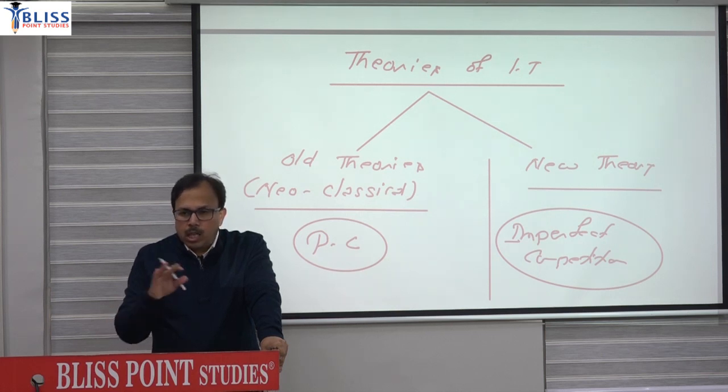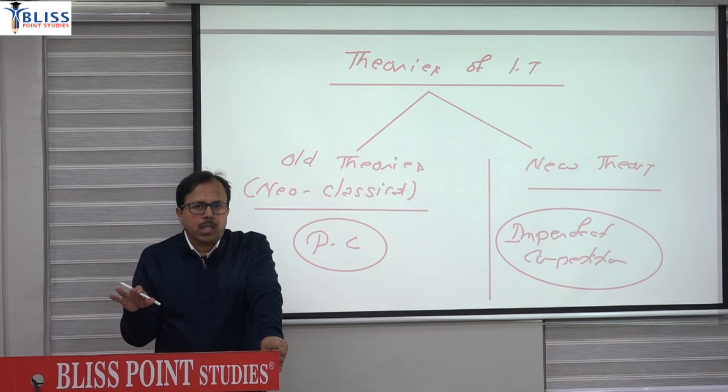Remember, there are multiple theories of trade you will be studying here, and each trade theory will highlight why trade arises. Like the Ricardian model, it will highlight that trade arises due to difference in labor productivity. That is why the heading of chapter number 3 is labor productivity, Ricardian model.